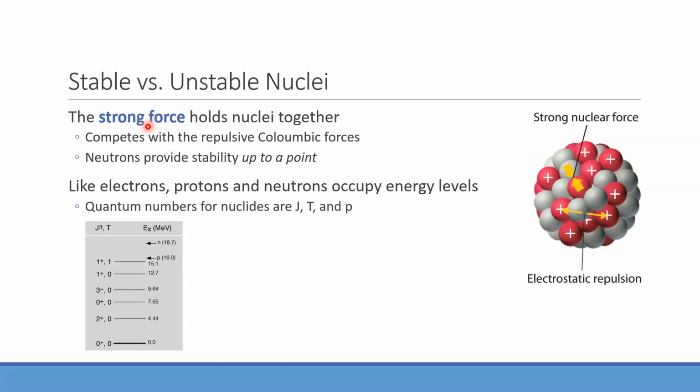It's not enough to compete with the repulsive Coulombic forces and maintain that high energy level for the neutrons. So this is kind of what holds together a nucleus, and that is really the extent of my knowledge there. If you're really interested in this, there are some excellent videos on Crash Course in Chemistry on YouTube that I would recommend, but that is the extent of my knowledge there.